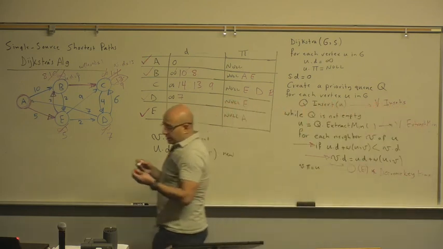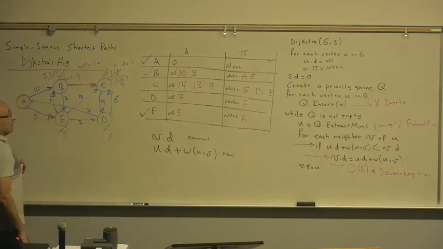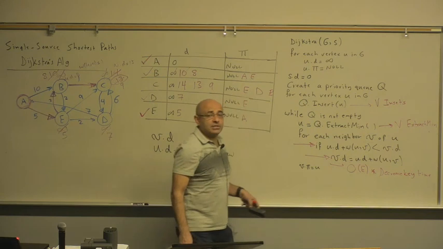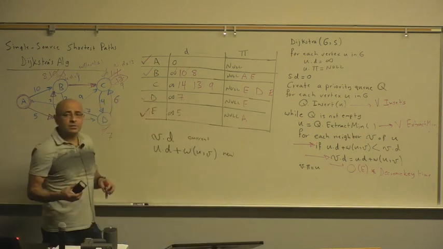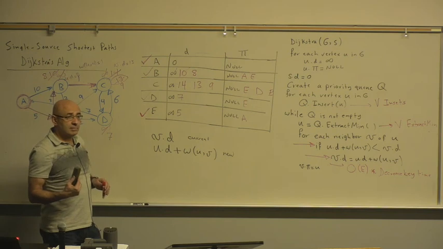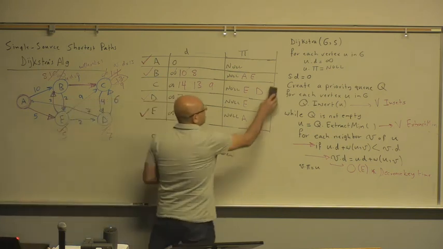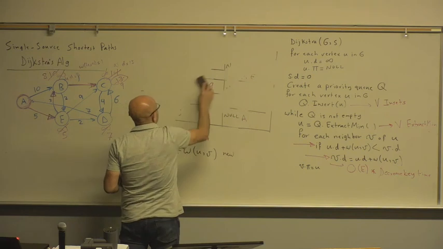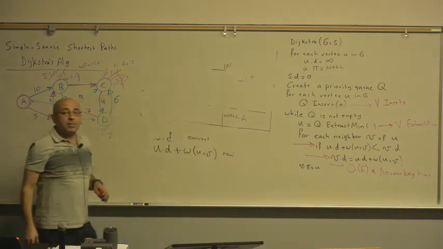Now, what's the decrease key time? It depends on the implementation of the priority queue. What's the most popular implementation of a priority queue? Well, if it's sorting, isn't that going to be in log n? What data structure is used to implement a priority queue?